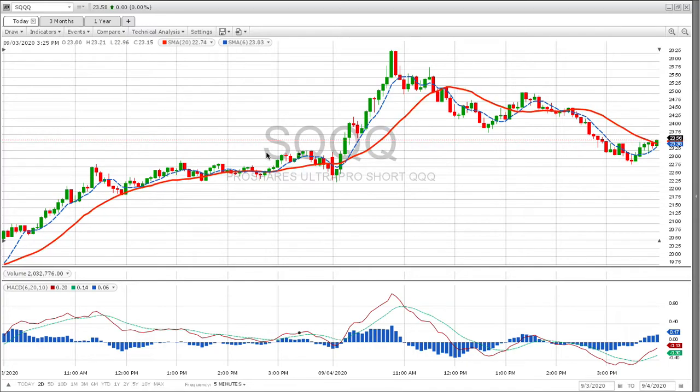I use others, but the NASDAQ has been the leader of this market over the last few months, so it's going to be the leader when it pulls back, and that's exactly what happened. So we got in here, then when it came back and we crossed back down over the line, we got out when it hit that red bar. So that's a look at what we do and how we do it.